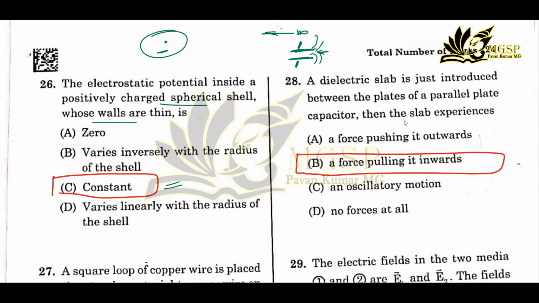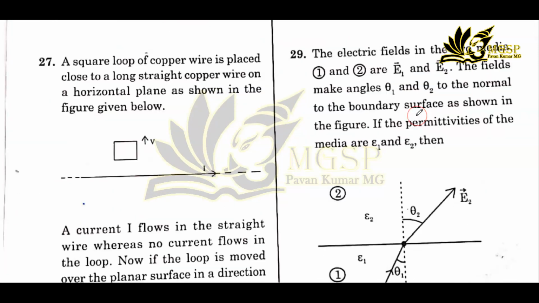We know that the field lines go in this direction. So what happens if you take the sine component and the cos component? You will get the force pulling inwards on this capacitor. So I have told this one also in the class. So the correct option is B.